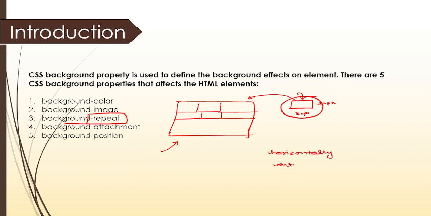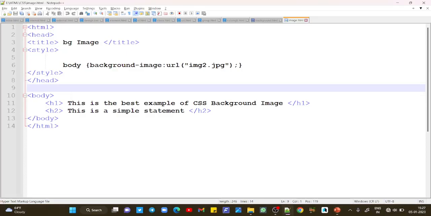Some images are repeated only horizontally or vertically at a time. The best background looks is the image repeated horizontally only. So all these are basic definitions related to the background image repeat property. Now let's move to the practical part.